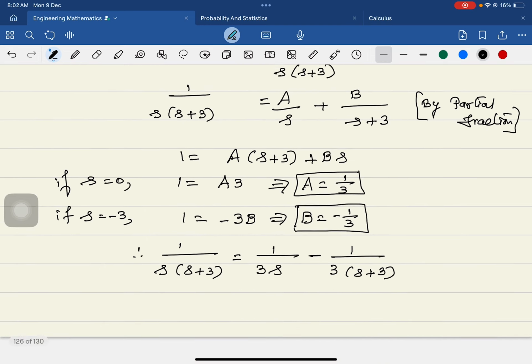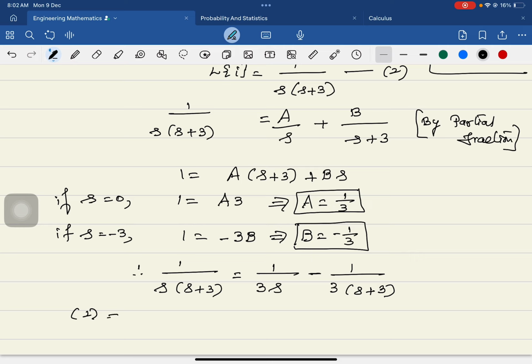From 2 what is I? I is L inverse of 1 over S into S plus 3. And now this is written as L inverse of 1 over 3S minus 3 times S plus 3.